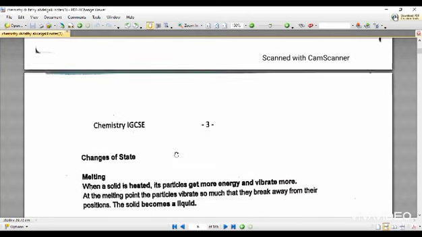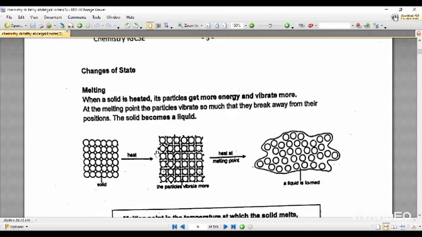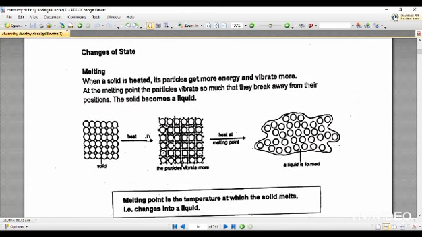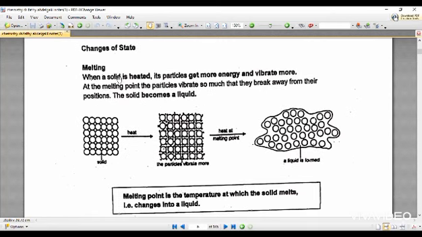Let's go down and see how states change. How can I change a solid to a liquid? Someone tells me, yes, by the process of melting. I need to know what exactly happens during melting. When a solid is heated, the particles get more energy and they vibrate more until they reach maximum vibration.